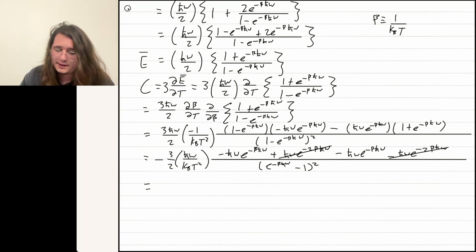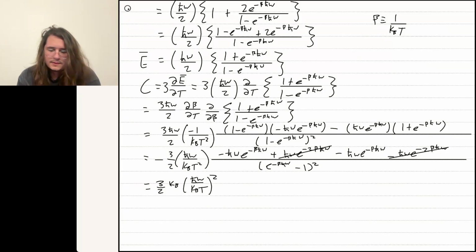So I'm going to move the h bar omega from the big fraction out into the parentheses out front. I'm also going to move the minus sign out, so we'll have an overall plus sign because both of these guys have minus h bar omega on them. So it's 3 over 2, and I'm also going to multiply by k_B. So in total we'll have h bar omega over k_B T all squared.